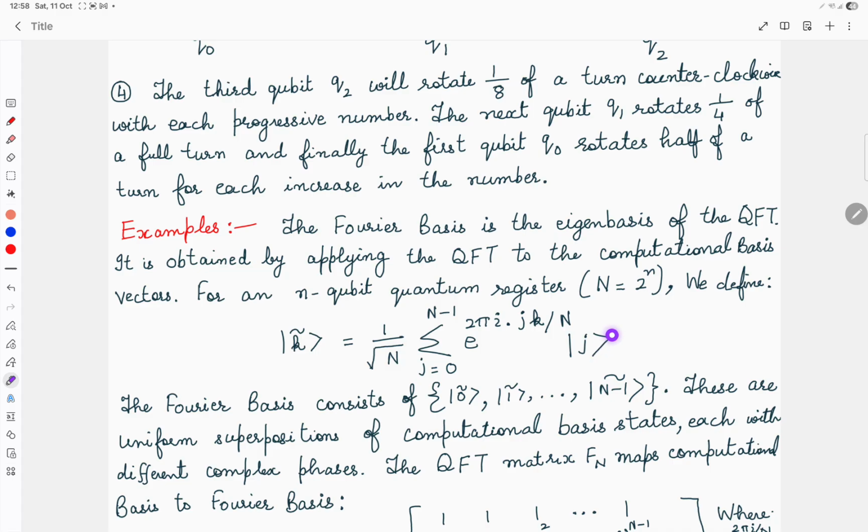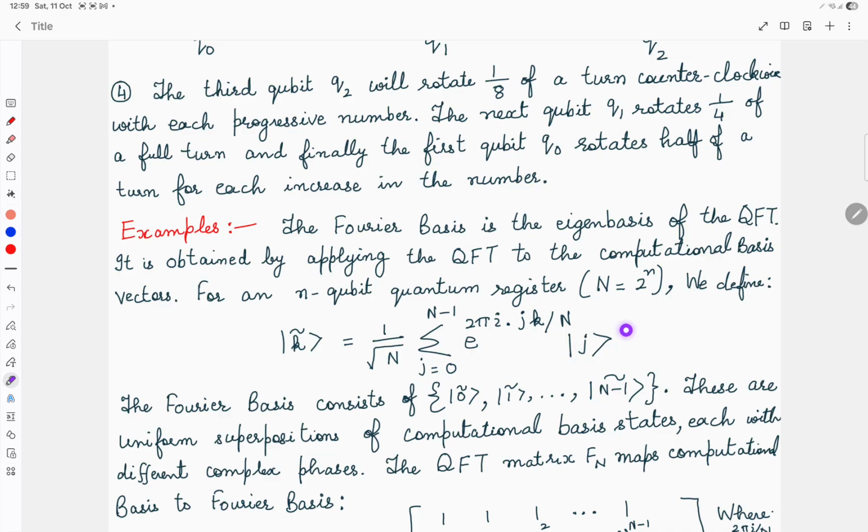Let us say ket J represents the computational basis, as I have just explained. So ket J is a generalized version of the computational basis. If you are considering a single qubit, ket J will have the value ket 0 or ket 1.